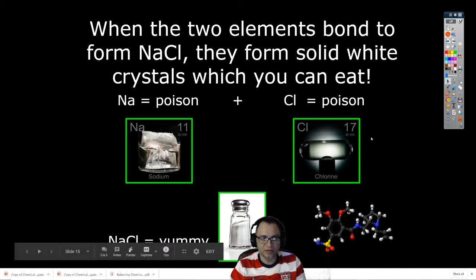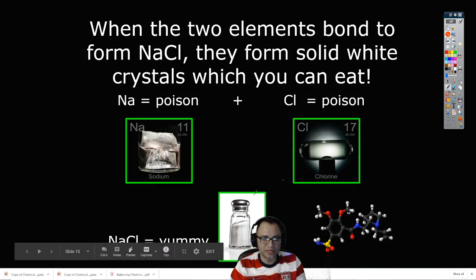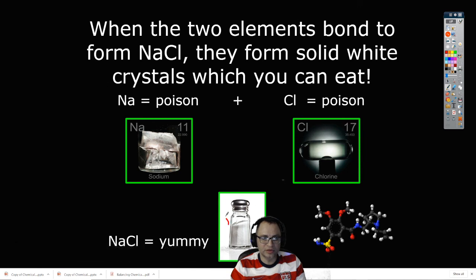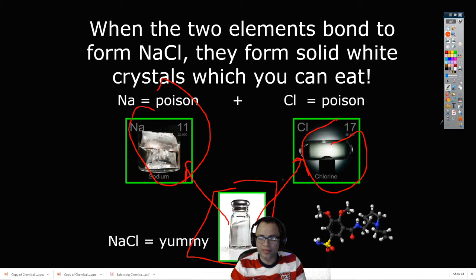The elements themselves don't look anything like salt, because salt looks nothing like a metal, and salt is definitely not poisonous in small quantities. So this is another example of how the properties of the elements no longer exist when you combine them together in a compound. Now this doesn't happen all the time, but in some cases you do lose or change the properties of the elements when you combine them into compounds.